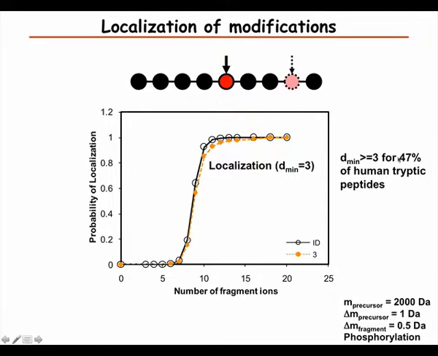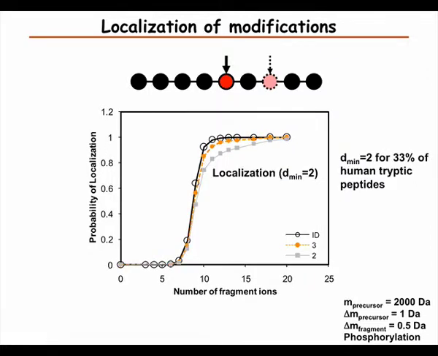And for about 47% of human tryptic peptides, this is the case, that the closest 2 sites for phosphorylation are 3 or more away. So quite often this happens.